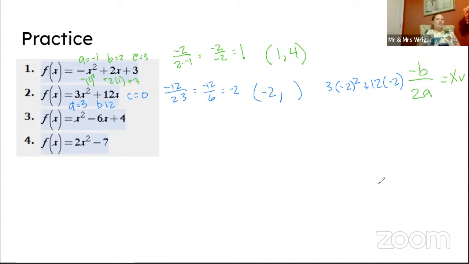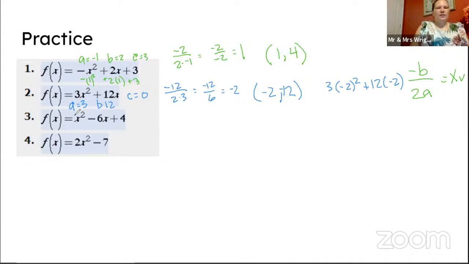Should be something like 36 minus 24, so 12. Something like that. Let's see, 3(-2) squared plus 12(-2) equals -12.